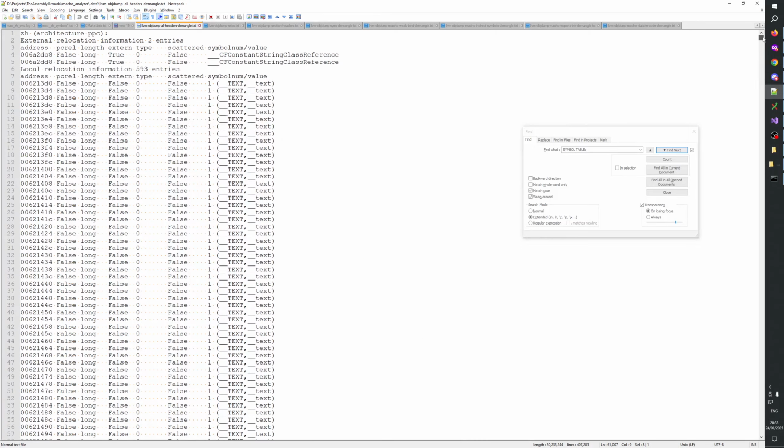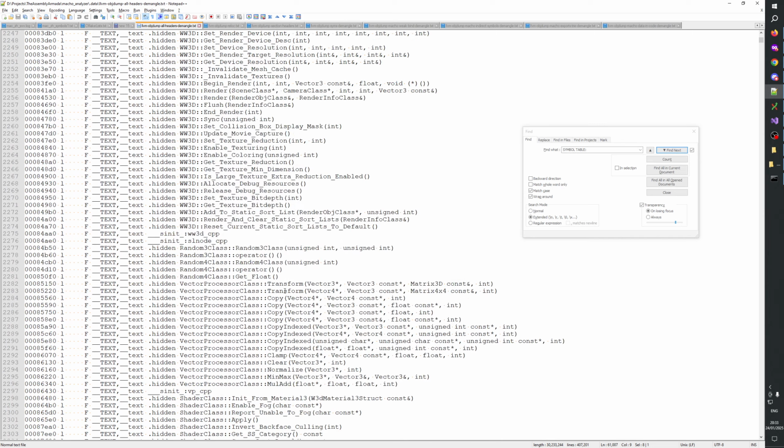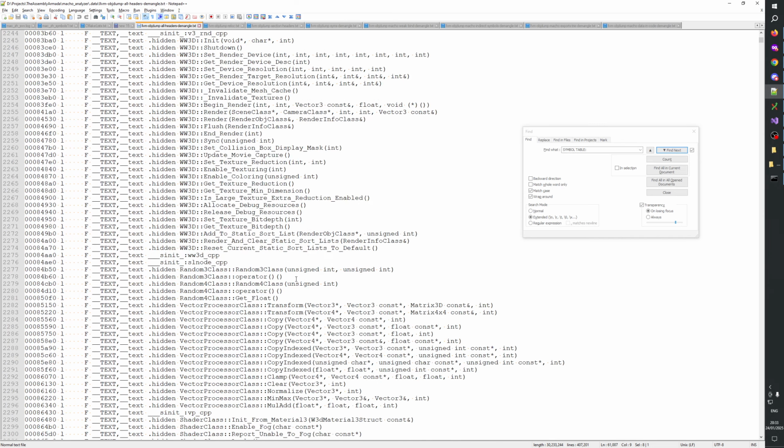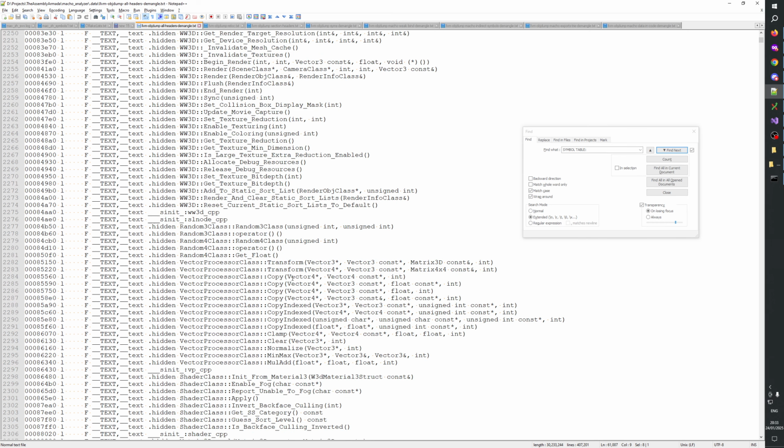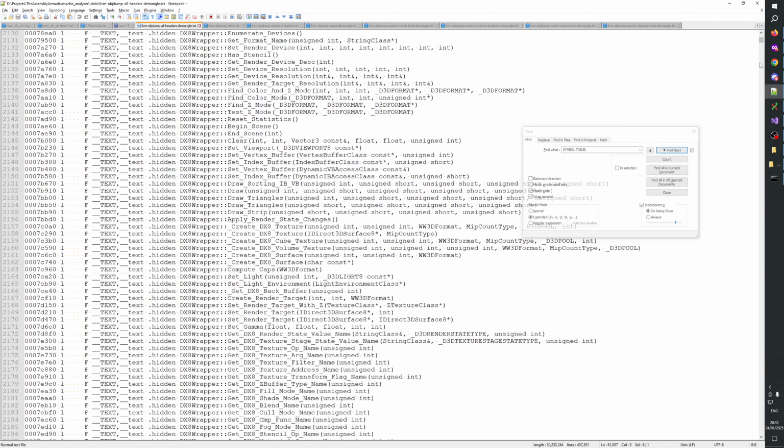One question is, can we ignore all the PowerPC stuff and just focus on the Itanium portion of the executable? I think so. So for example, this is the first symbol table, right?